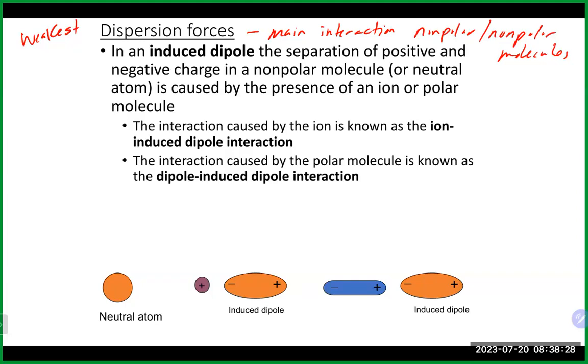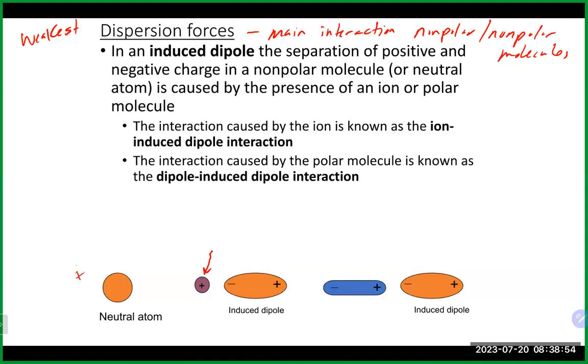So one thing that can happen is what is sometimes referred to as an induced dipole. And that's the separation of positive and negative charge in a nonpolar molecule or a neutral atom, caused by the presence of a polar molecule. There are two types of induced dipoles that could occur. You could have an ion-induced dipole, which means you have an ion like this, positively charged.